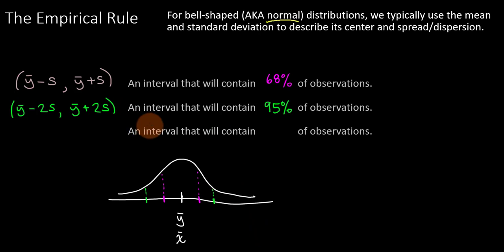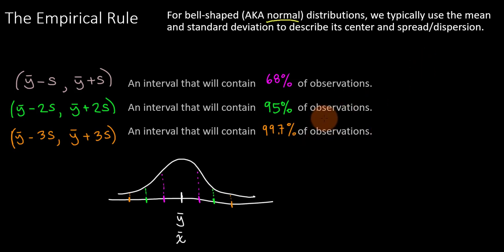And the last segment of this empirical rule, maybe you can see the trend. Here we've got plus or minus 1 standard deviation, plus or minus 2 standard deviations. This last one, the mean minus 3s, the mean plus 3s, is an interval that should contain a pretty solid proportion, 99.7% of observations.